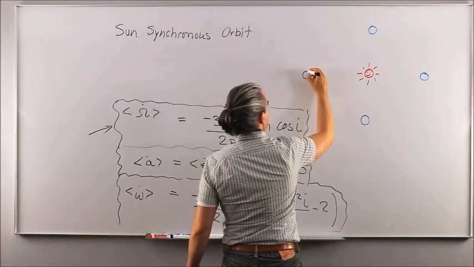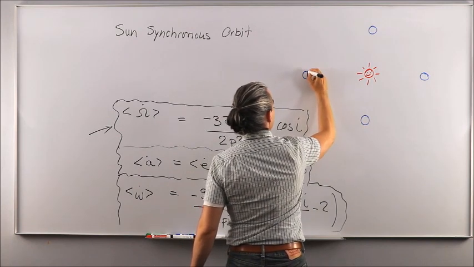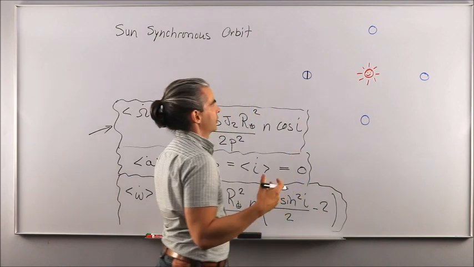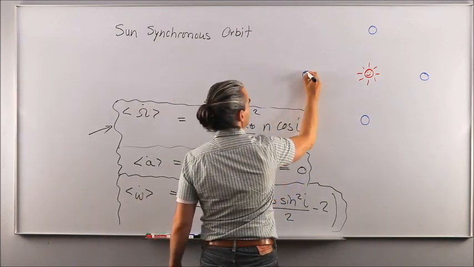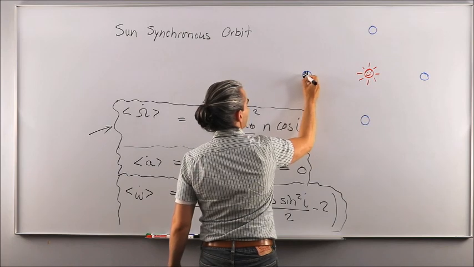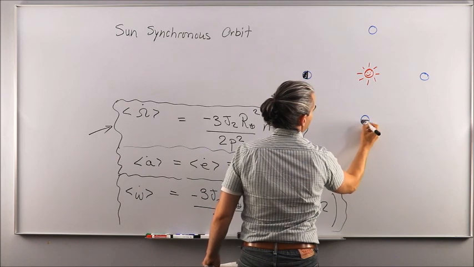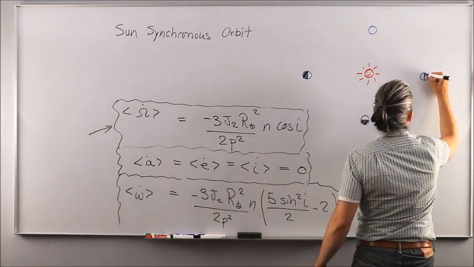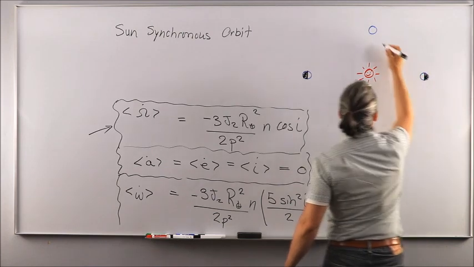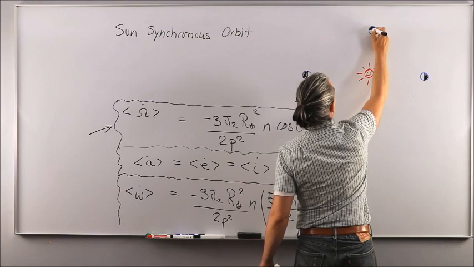And if you look at what's known as the terminator line, which is the line that divides the Earth in terms of sunlight or shadow, right? You have this in the shadow, this part in the shadow here, this is in the shadow, and here the top part of the Earth will be in the shadow.